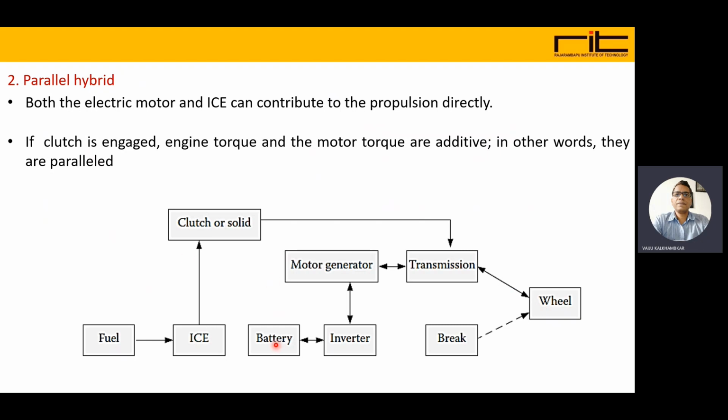Also there is a battery, then it goes to the inverter, then to the motor, and the motor will also provide the torque and it will go to the transmission and then to the wheel. So it is possible to operate either in IC engine mode, or in battery mode separately, or they can operate both and provide torque which is additive to each other. So this is the parallel hybrid.